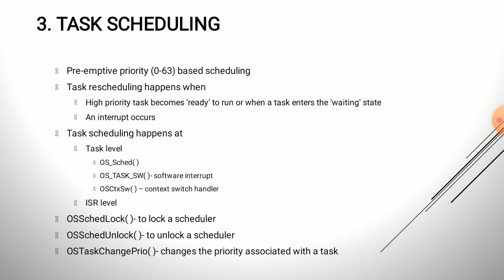That is, 8 priority levels are reserved for kernel level tasks, and the remaining priority levels are for user level tasks. When the kernel starts, it executes the first available highest priority task.